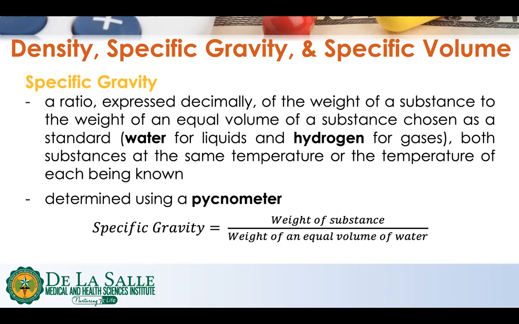When we say a physical constant, we mean that by comparing the literature value with the one that we determine, we can assume that a particular substance is the same as the one in the literature when its density or its specific gravity is equal to the one that is stated in the literature.